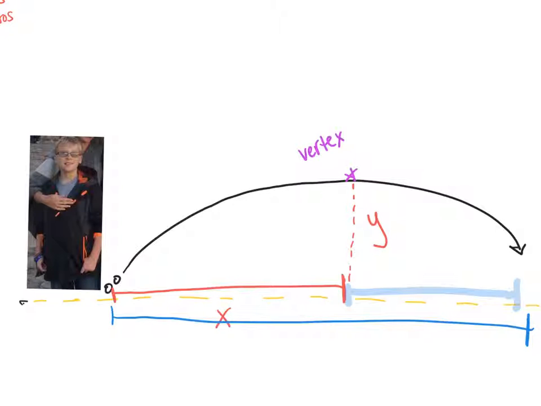So when we have questions that deal with something such as this, we will use the function y equals, in this case, let's say it's negative 16x squared plus 16x.